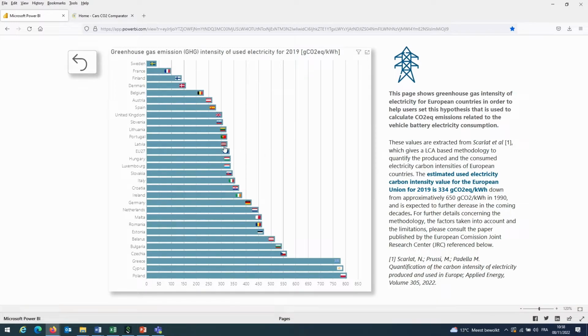So this is the default value that we have taken here in our simulator. But you can take values from other countries. So for example, Poland would be 805. You can take, for instance, Germany would be 422. And France, with a very low carbon intensity, would be 98.